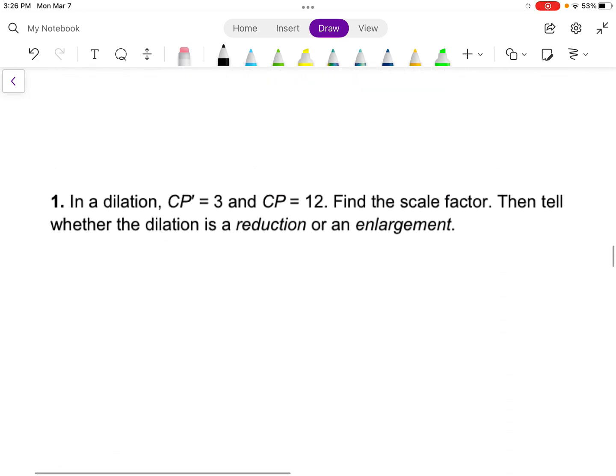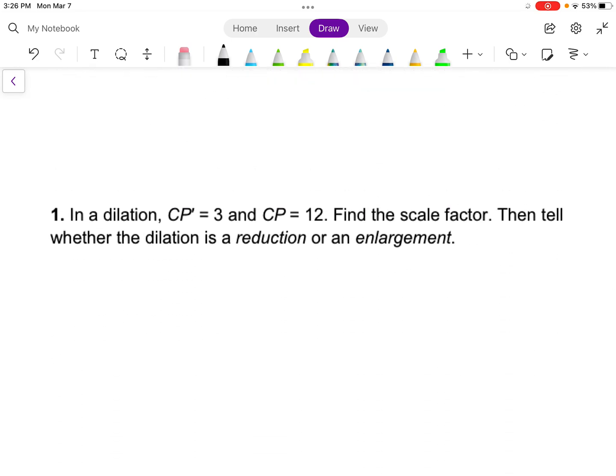You have to be able to do a dilation, plot points and do a dilation. You have to be able to find scale factor. Here's another one. It says in a dilation, the CP prime, that just means C is the center of dilation and P prime is my new point, is equal to 3. And then from the center of dilation to the new point is 12.